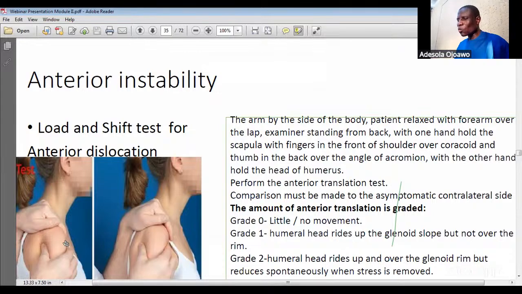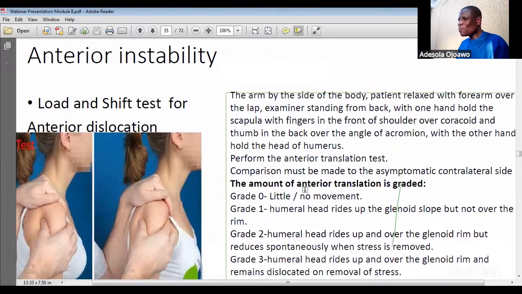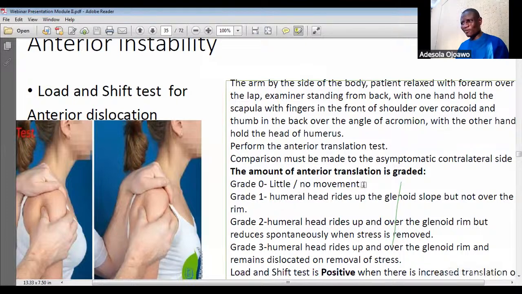As you move it, you may have little movement, and that is why you call the test negative. But if you have a bit more movement, where the head of the humerus is going forward, then you can say that we have grade 1.